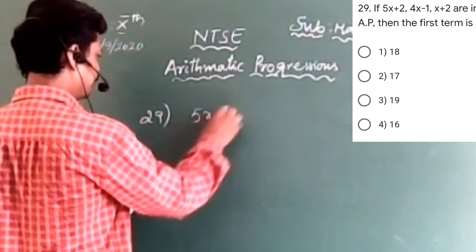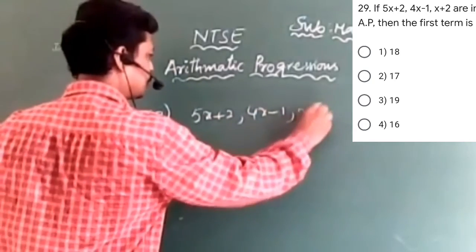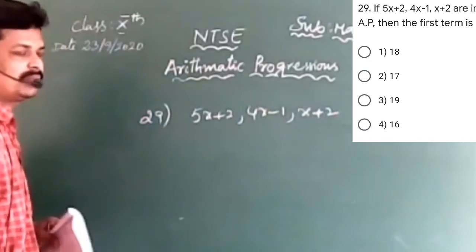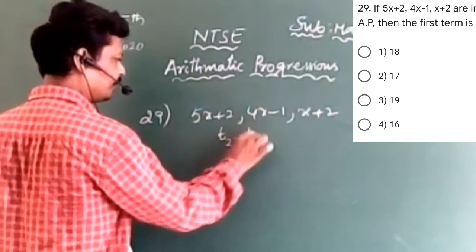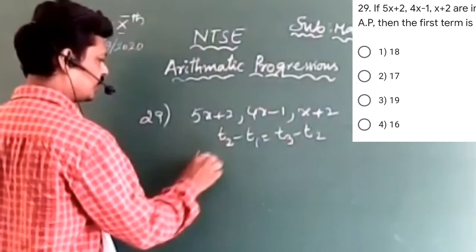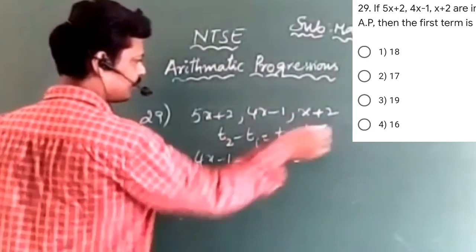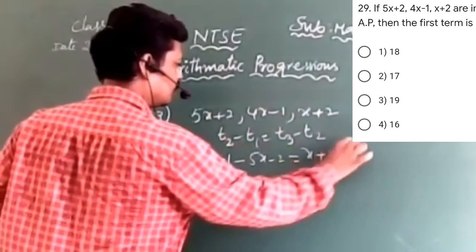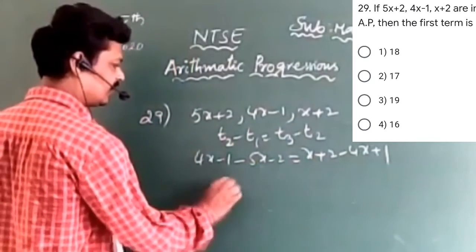Substitute the values. 5x plus 2, 4x minus 1, x plus 2 are in AP. Then the first term they're asking. If they are in AP, T2 minus T1 equals T3 minus T2. So 4x minus 1 minus (5x plus 2) equals (x plus 2) minus (4x minus 1). 4x minus 5x is minus x.